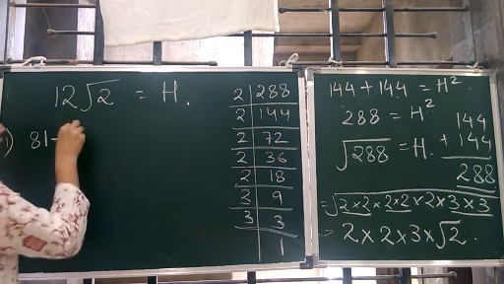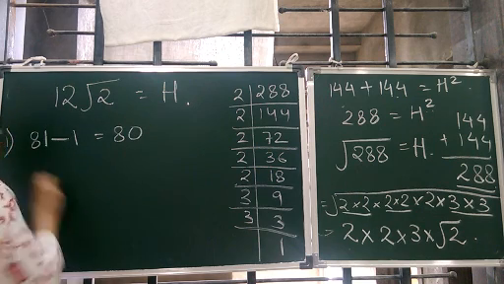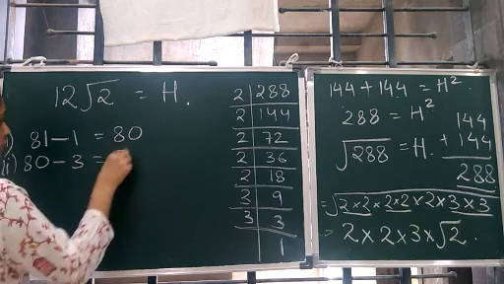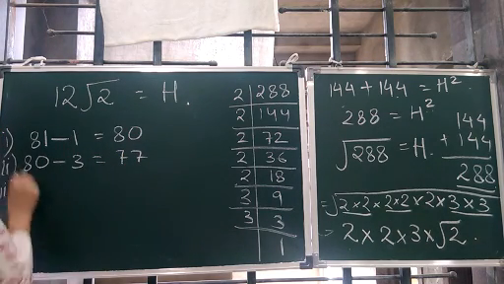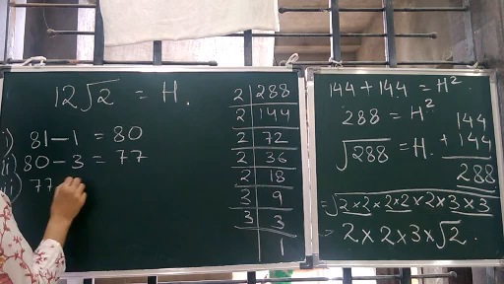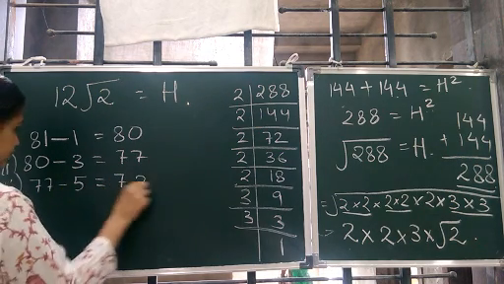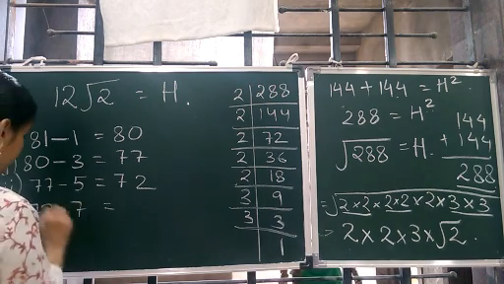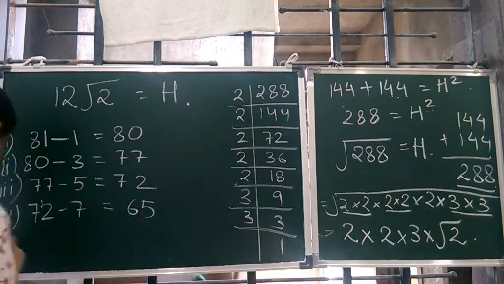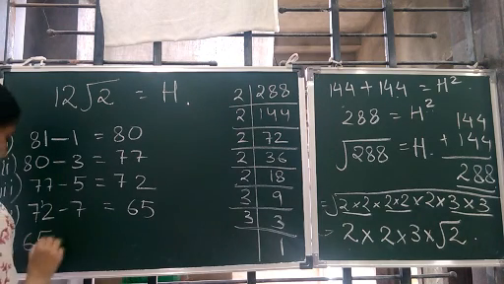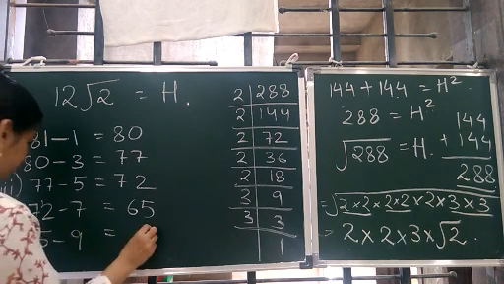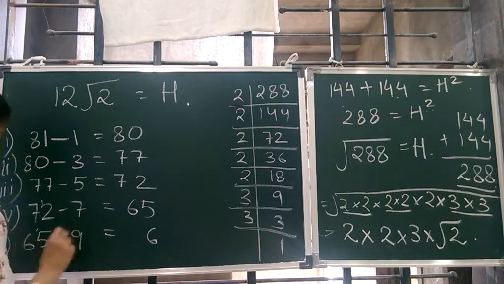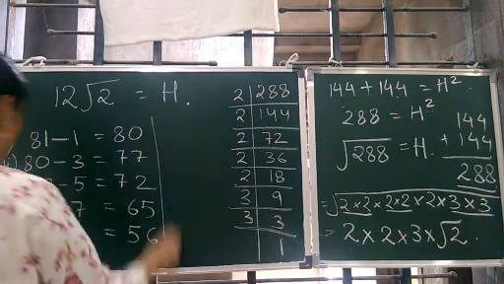What is the first odd number? Then what is the second odd number? Third odd number? Next odd number?